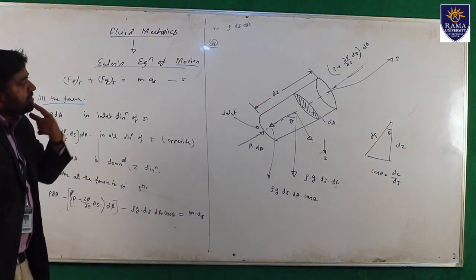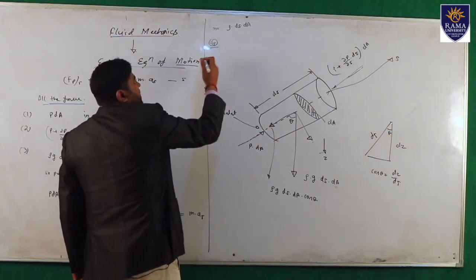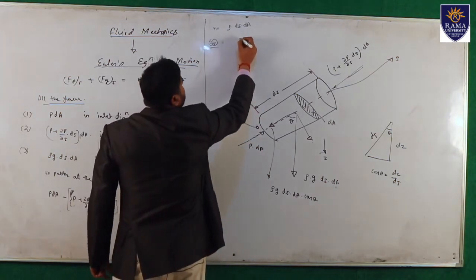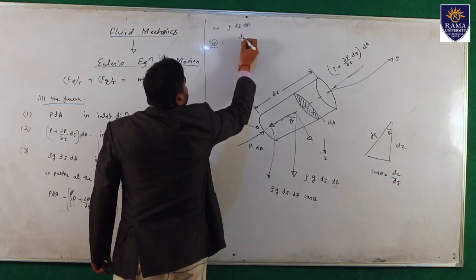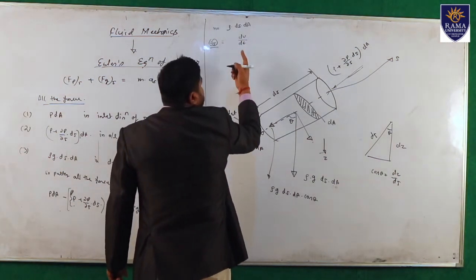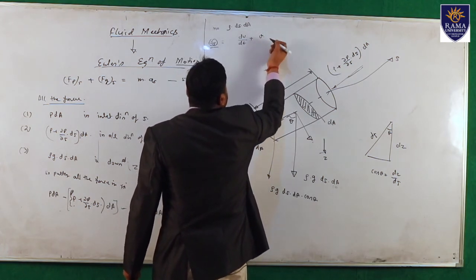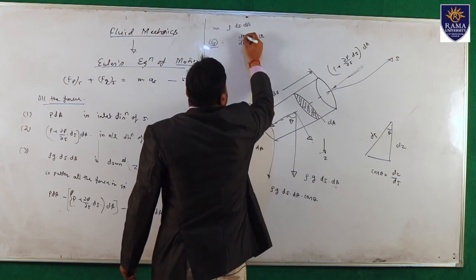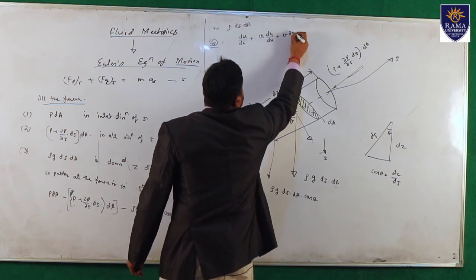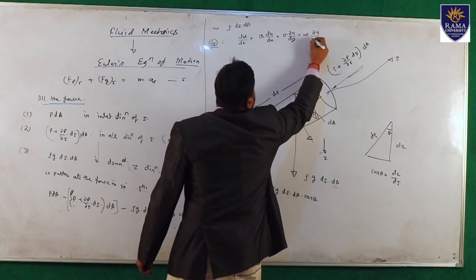Generally, when we studied the kinematics of flow in fluid mechanics, it says that the acceleration in any direction, if the velocity is v, will be dv upon dt, because it is time dependent, plus u into du upon dx, plus v du upon dy, plus w du upon dz.